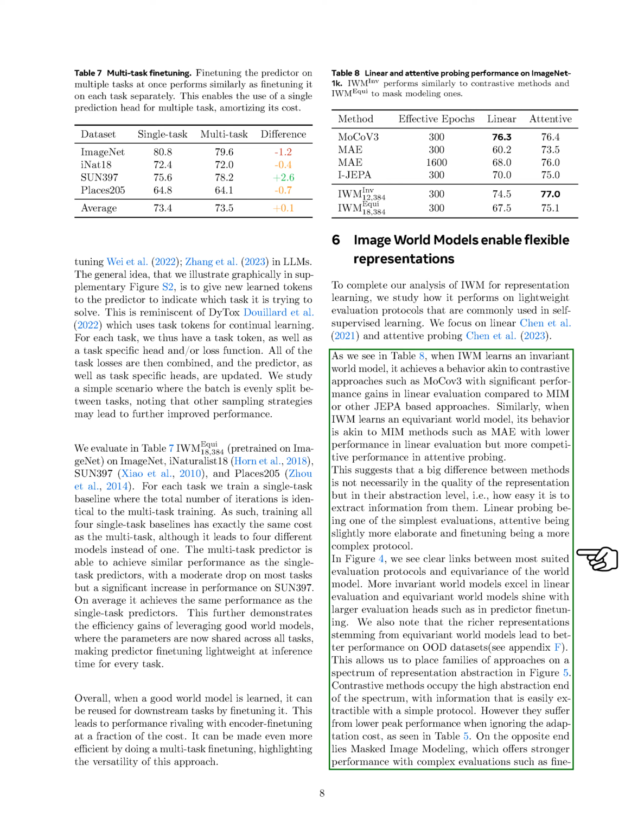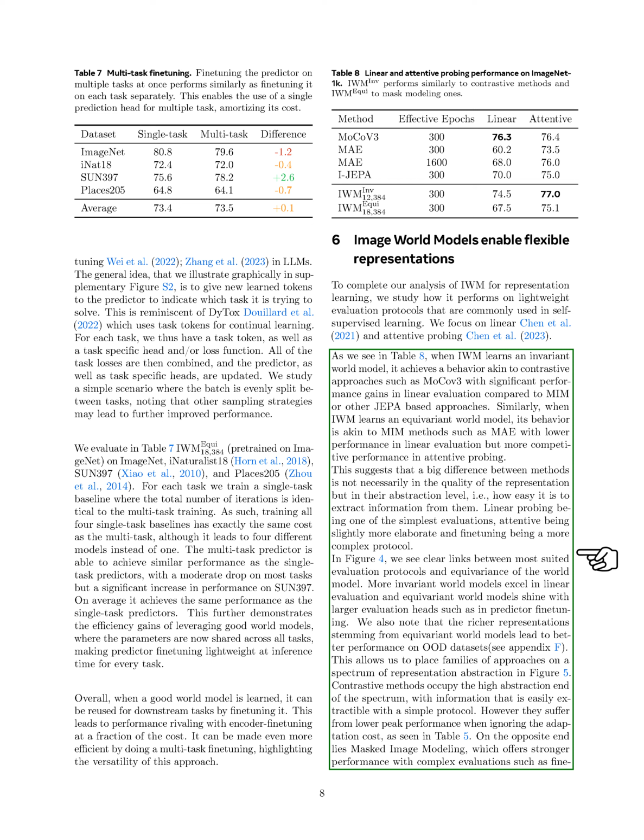Our findings indicate that when IWM learns an invariant world model, it mirrors the behavior of contrastive methods like MoCoV3, achieving substantial gains in linear evaluation over masked image modeling, MIM, or other joint embedding predictive approaches, JEPA. Conversely, when IWM learns an equivariant world model, it behaves similarly to MIM methods such as MAE, showing lower performance in linear evaluation but more competitive results in attentive probing.